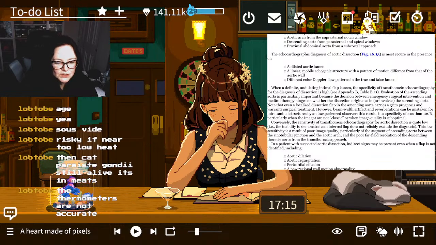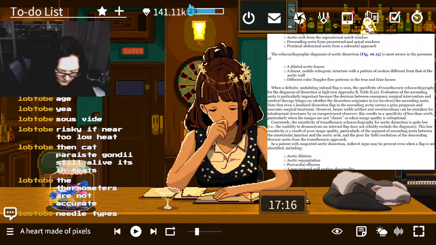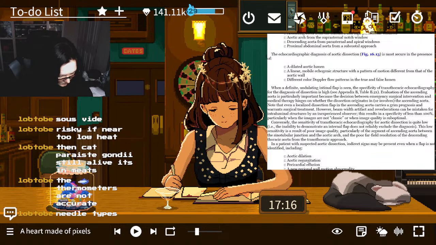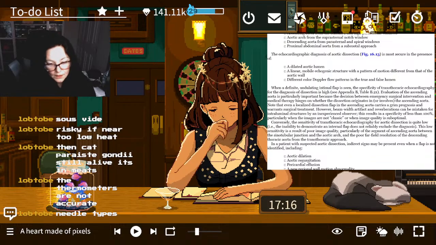Okay. So I said left atrial appendage for this one. Let's see what we got for that. Left main coronary artery. God bless.